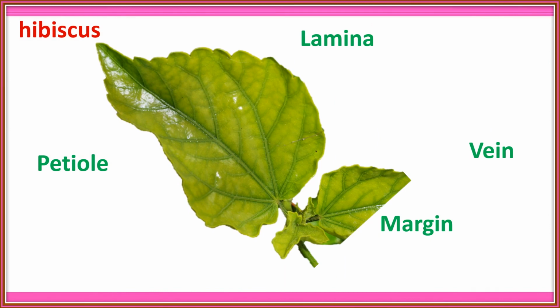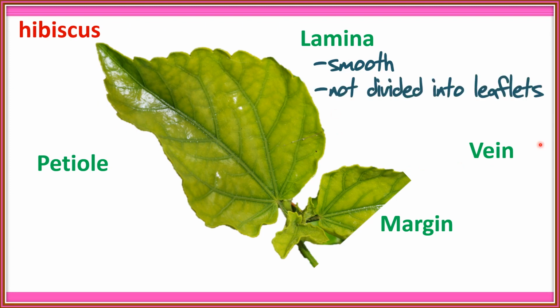When you come to the hibiscus flower, the lamina is smooth, as you can see, not divided into leaflets. It is broad. It is thin.